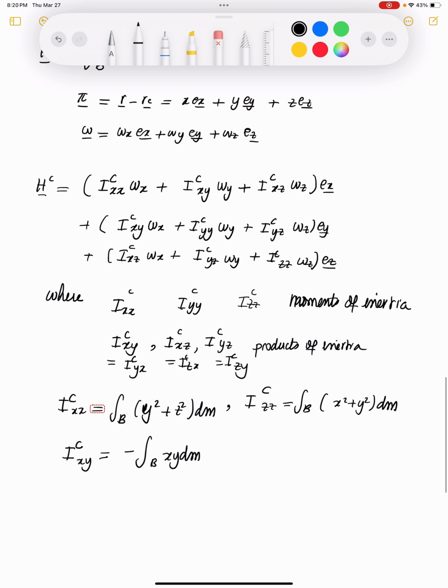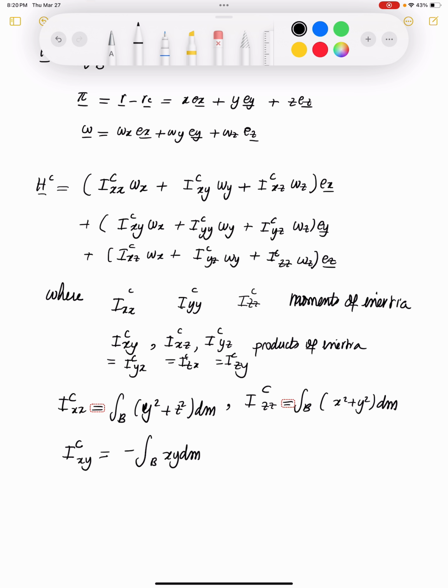Then this expression we can more easily write in matrix form.